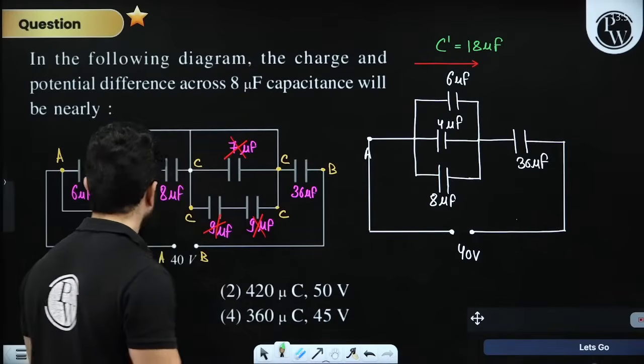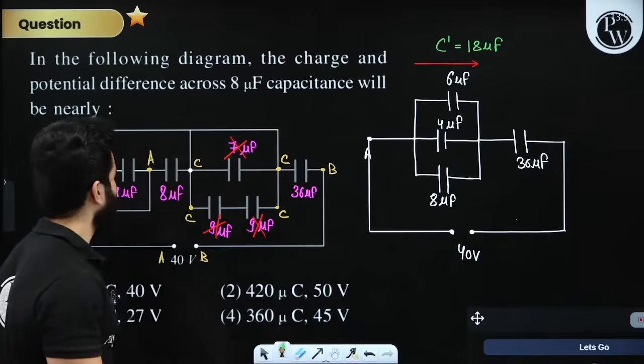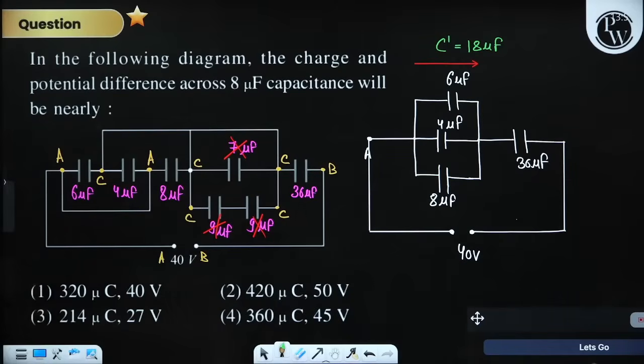Sorted? Pay attention. If you have any doubt, do let me know. Let me just check the values once. Although 6, 4 and 8 absolutely, and the last one is 36 absolutely, dosto. No doubt about this. Now they were talking about voltage at 8 microfarad. Clear? I think everything is clear.